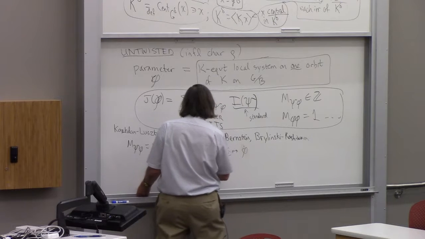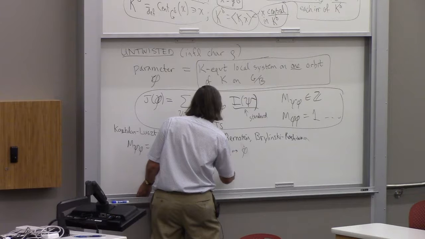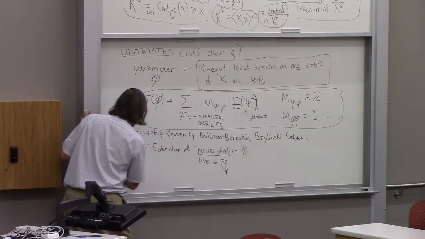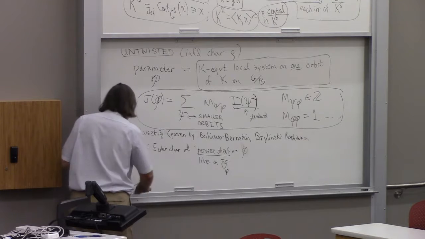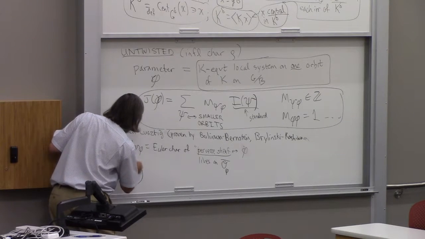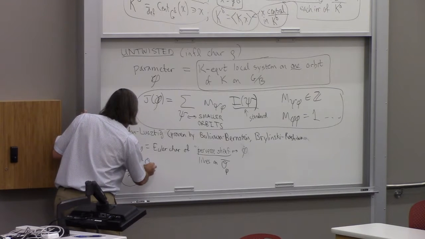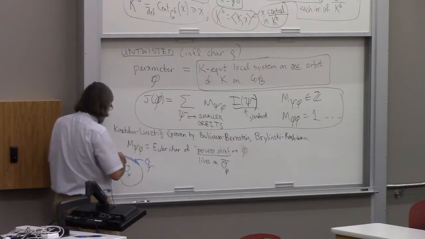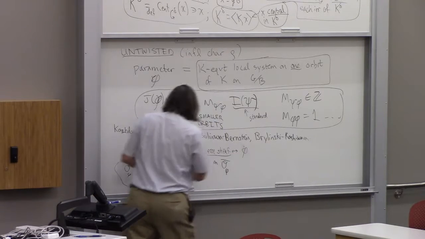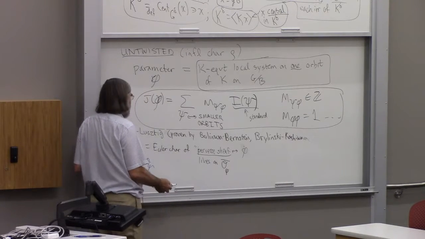So this perverse sheaf lives on the closure of the orbit. Here's the orbit corresponding to phi, and here is some boundary orbit of psi, and starting with this local system on this open orbit, you make a perverse extension.